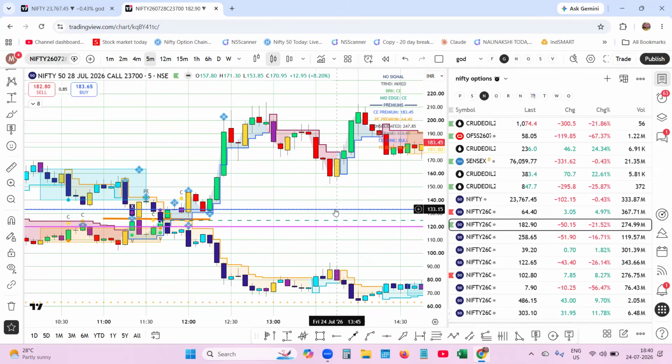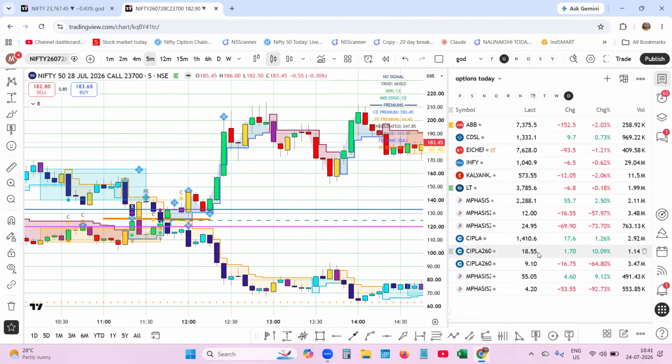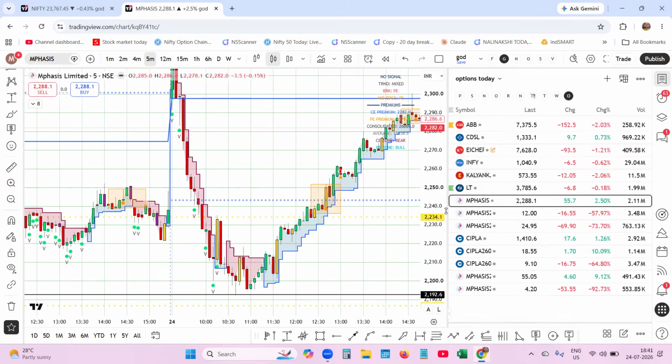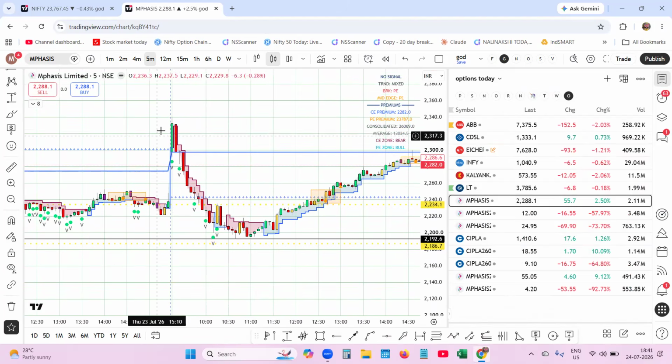Today, I picked up Emphasis. It popped up in the pre-market itself, in top gainers, just a simple top gainers, top losers. I picked it up and applied it on my watch list.